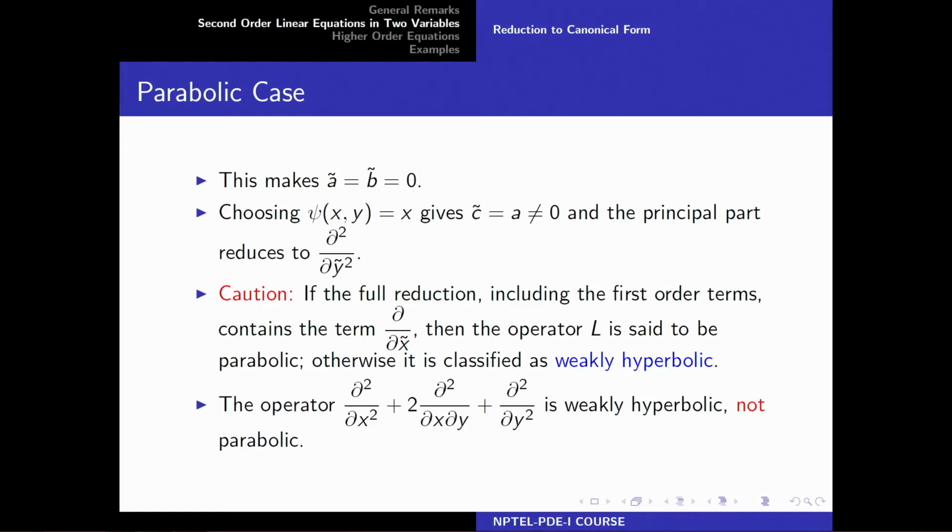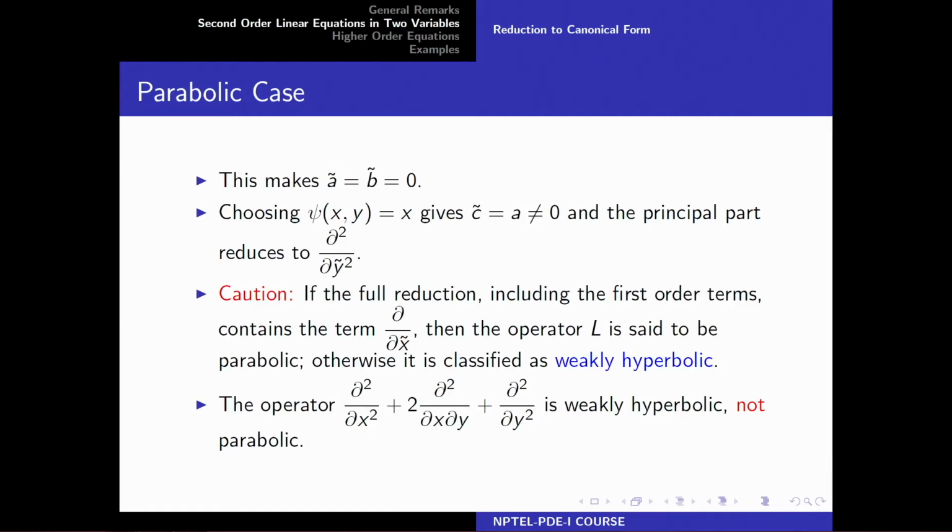So, for two variables we could do a full analysis, and the analysis just depends on one quantity, namely the discriminant AC minus b square.